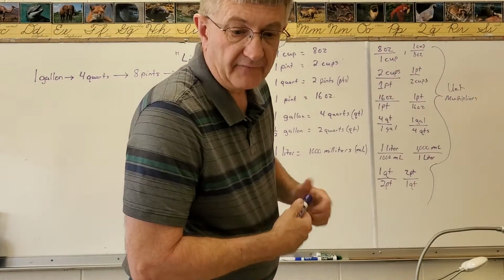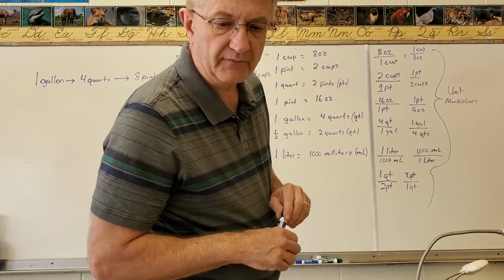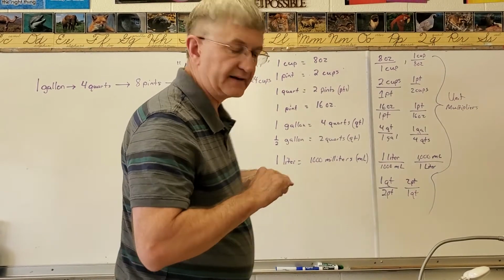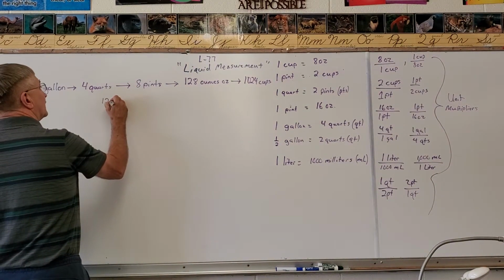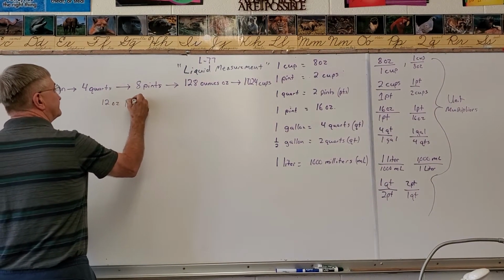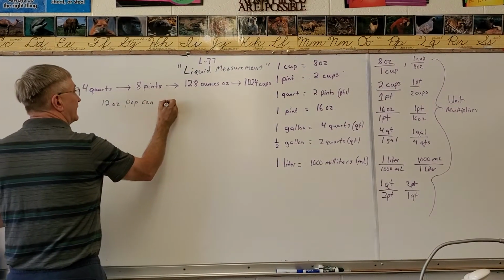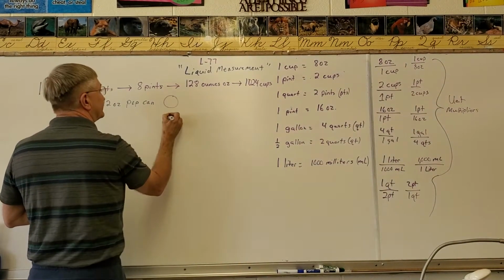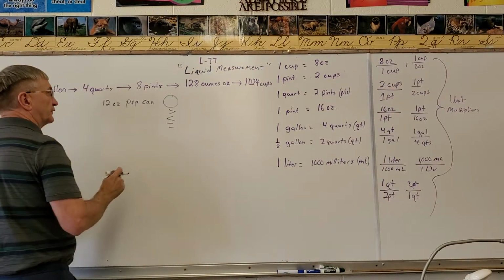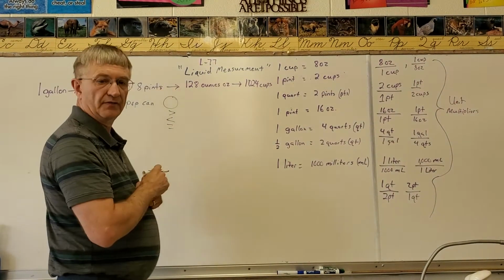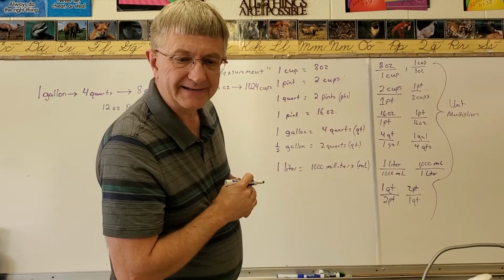All right, so they're saying they have a 12-ounce pop can or a 1 pint container. So they're asking this: 12-ounce pop can. And then they're comparing, so that means we're going to have a less than, greater than, or equal to sign, and then the last part, which is 1 pint container.